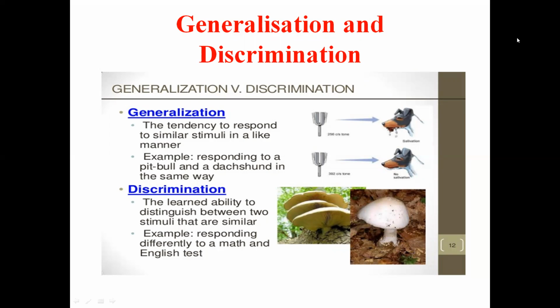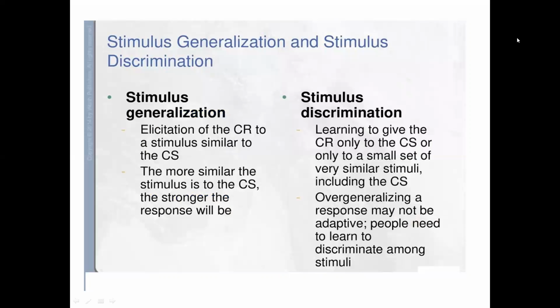This is generalization. However, if he meets somebody else wearing white clothes or gray clothes and the person is clean shaven, he does not show fear. This is an example of discrimination. Discriminative response depends upon the discrimination capacity, or the ability to distinguish, on the part of the learning organism. So here is the difference between stimulus generalization and discrimination.